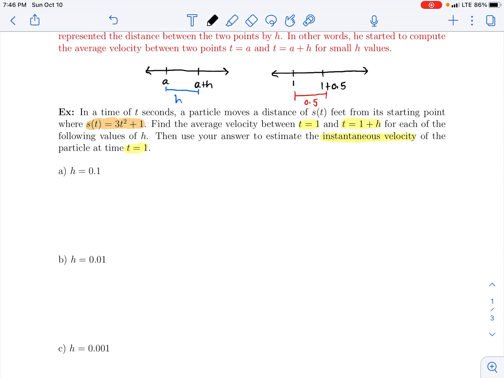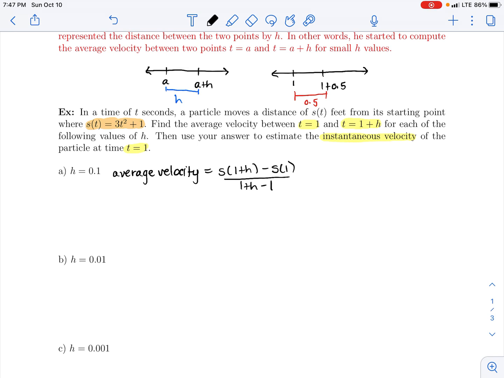Okay, so let's do it for this first h value. How do I write this? Well, I know that the average velocity is equal to s of 1 plus h minus s of 1, all over 1 plus h minus 1.